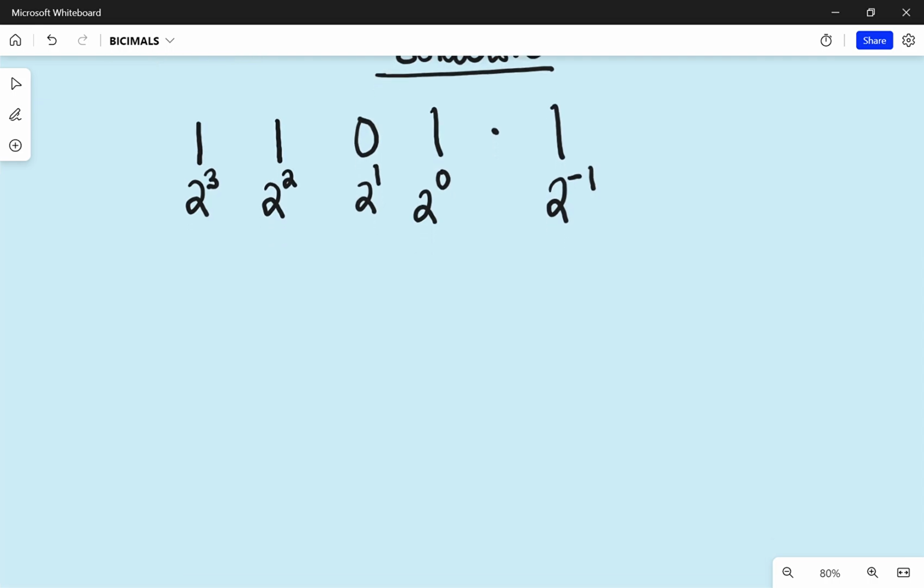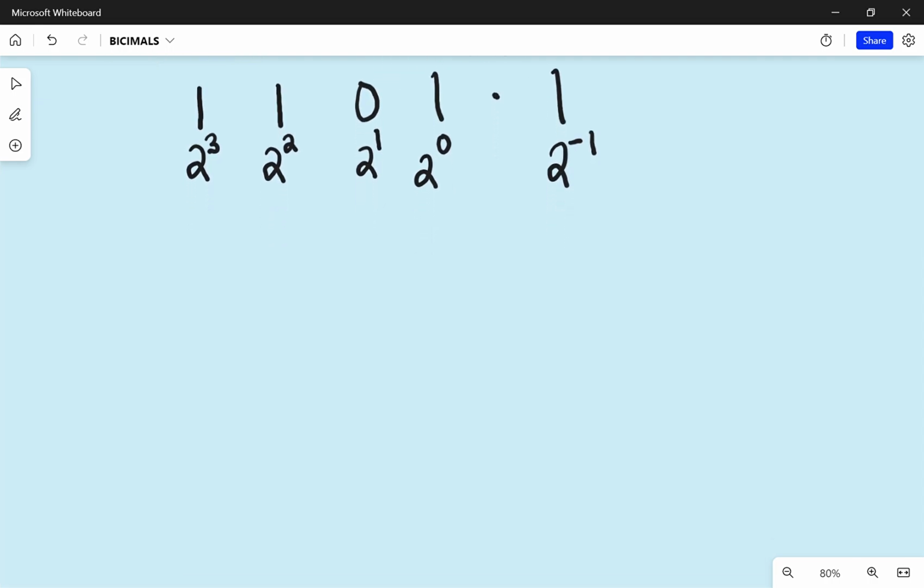So here we're going to proceed as follows. 2 power 3 is the same as 8 being multiplied by 1, plus 2 power 2 is 4 being multiplied by 1, plus 2 power 1 is a 2 being multiplied by 0, plus 2 power 0 is a 1 being multiplied by a 1. Here I'll take this decimal point to be a plus.